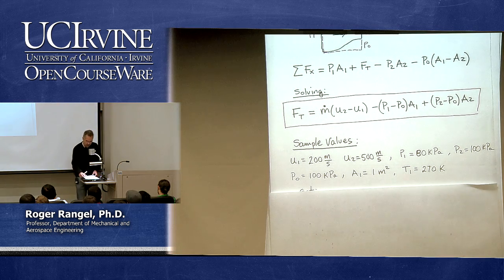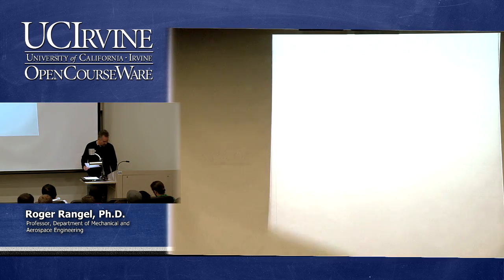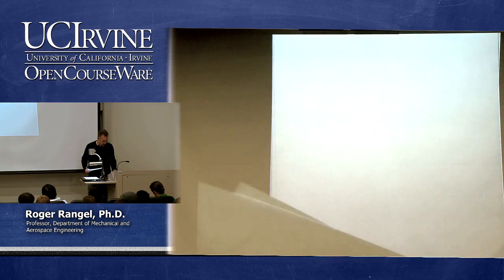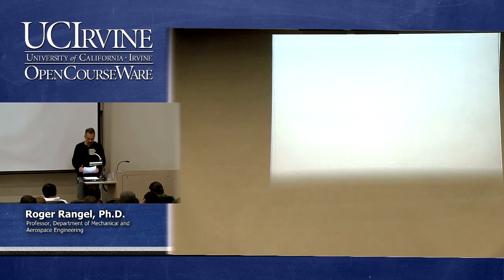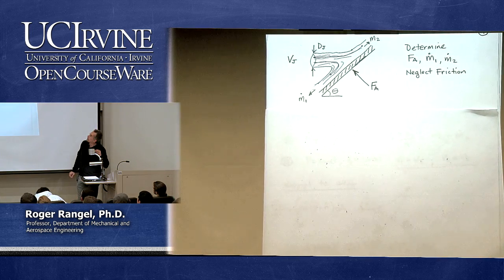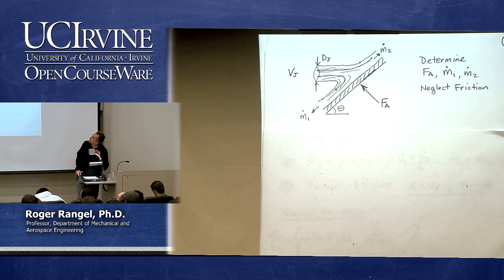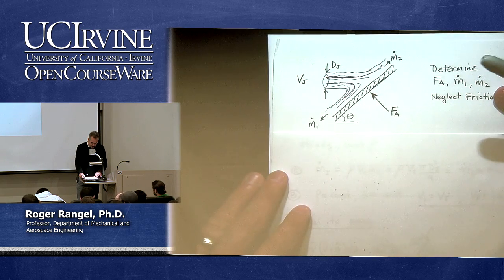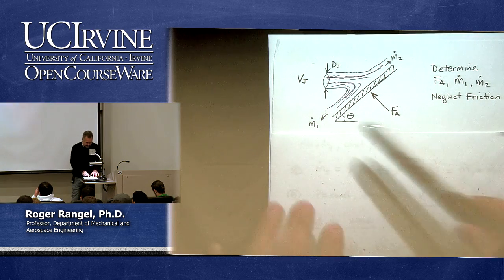I still have about 9 minutes to show you another example. A little bit more complicated, or complicated in some other ways. So here's another problem. It has a few more things in it. There is a flat wall there, at an angle.